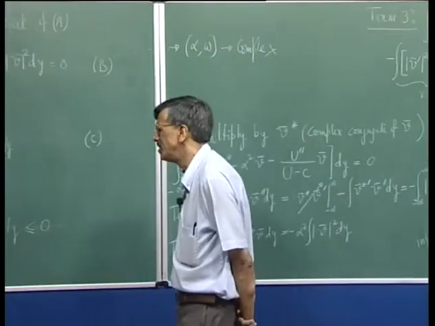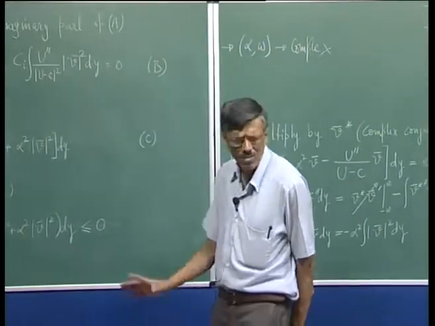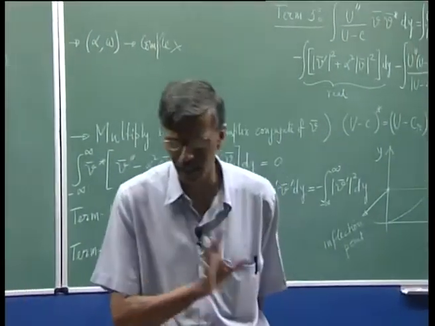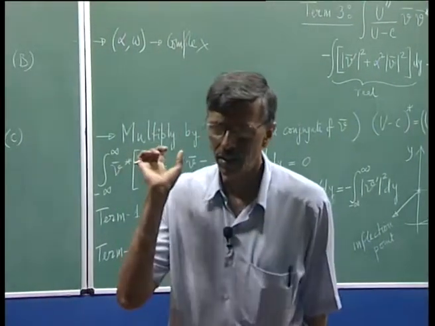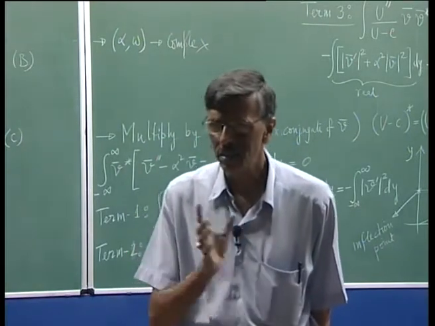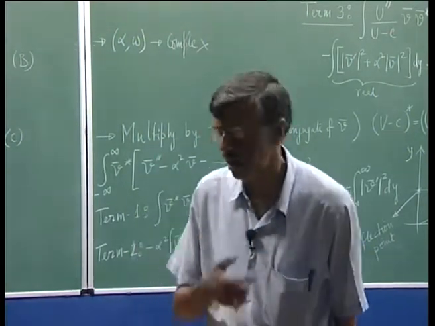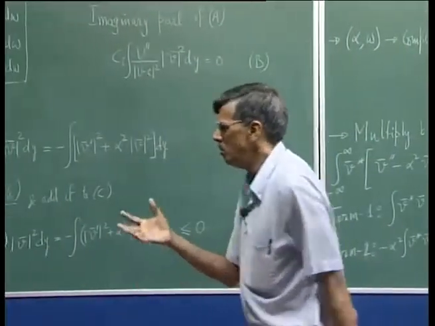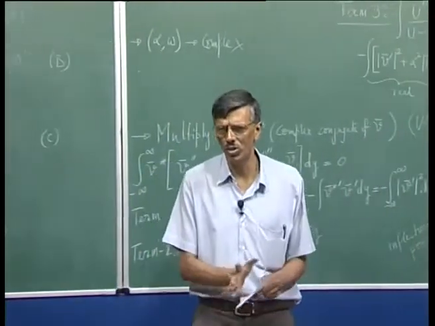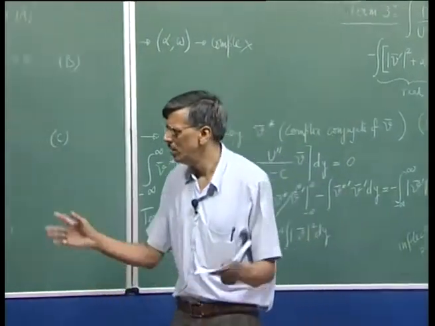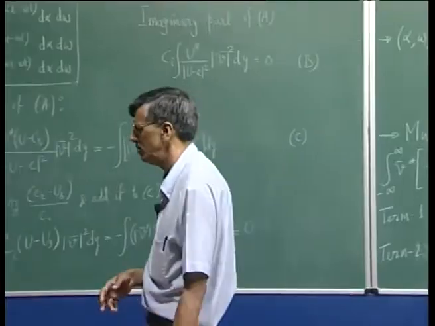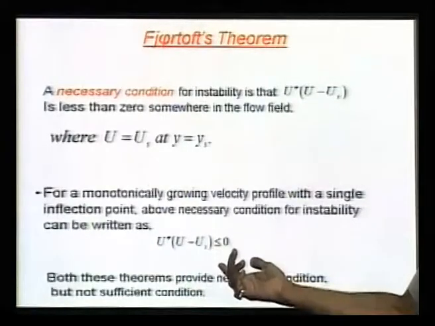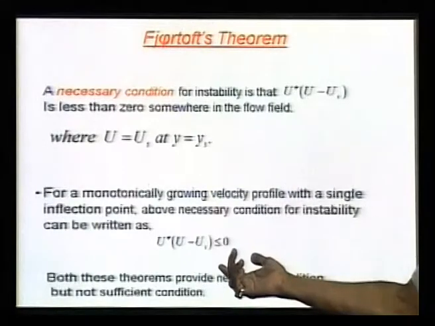So, basically, since this condition given by Feuertoft includes both the real and imaginary part of the original Rayleigh's equation, it is considered to be a more general, stronger condition, right. So, basically you should remember both of these theorems together, and you can see that the condition of instability, if you write it like this, also includes Rayleigh's inflection point theorem.